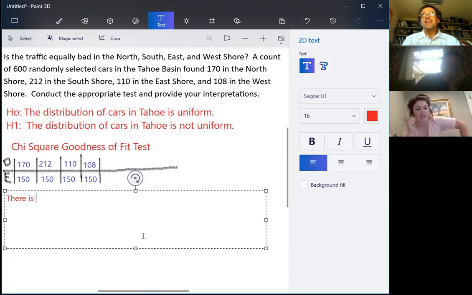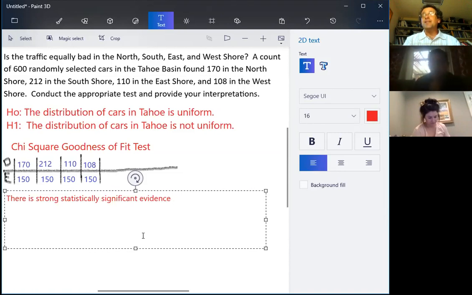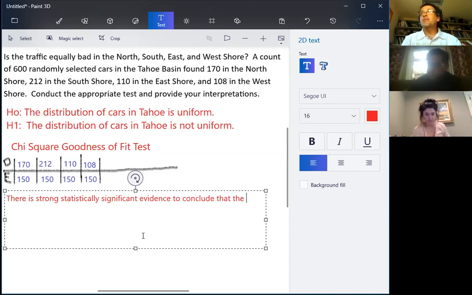Statistically significant. Yeah, and I'm gonna write strong because it's super small. Evidence. And the nice thing is this is really easy to conclude that, and all I have to do is write down H1. The distribution of cars in Tahoe is not uniform.